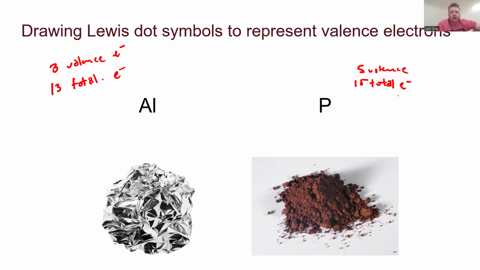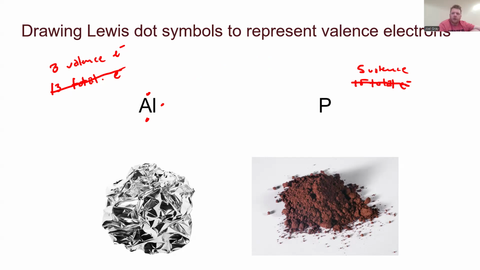Now, whenever we're drawing a Lewis symbol, we don't care about the total electrons. What we draw for a Lewis symbol is we have to take into account the number of valence electrons that an atom has, and then we place those electrons around the atomic symbol. So aluminum, for instance, is going to have a total of 1, 2, 3 dots around it.